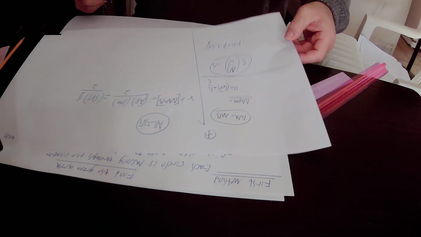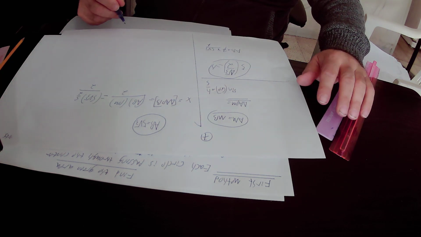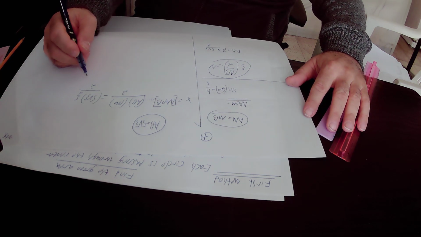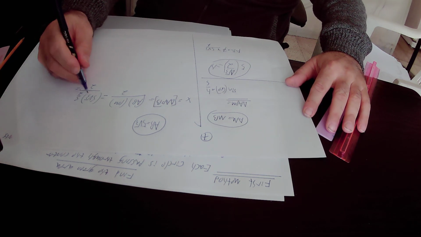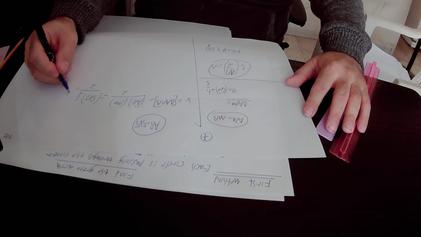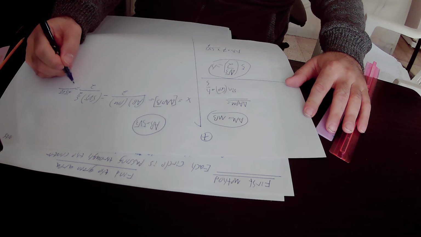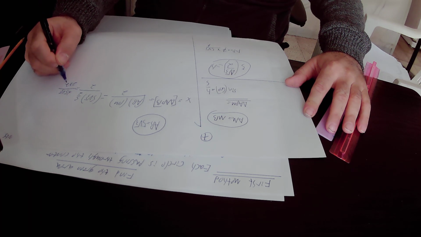So the area of triangle APB equals 5 times 5 is 25, 25 times square root of 3, all divided by 2 times 2.